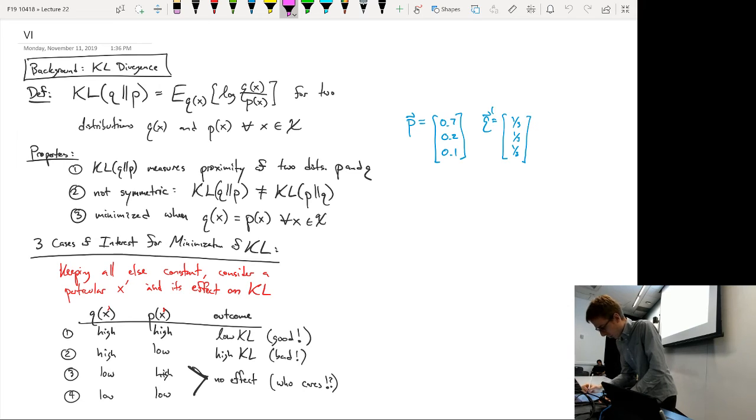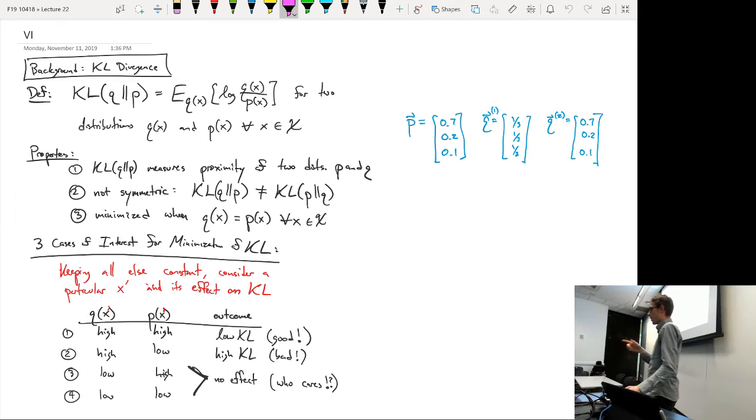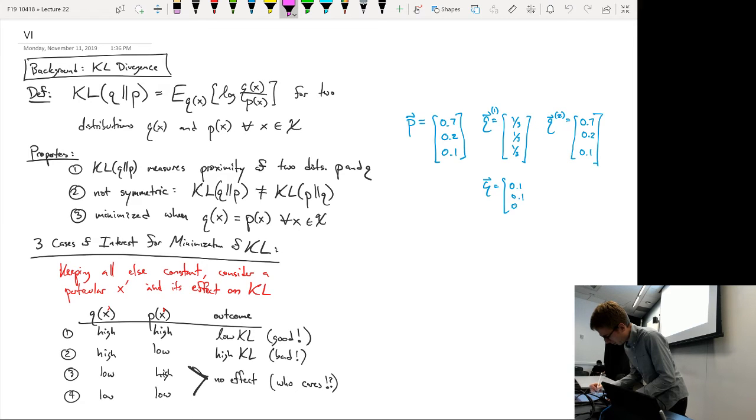Call that Q1. But my claim is that Q2, which is not uniform, so it means that some values of Q actually are high, is going to have lower KL divergence. The key thing to remember is that Q is not unconstrained. It's not just a vector. We can't have some vector Q that is 0.1, 0.1, 0.1, because in that case we haven't defined a proper probability distribution.